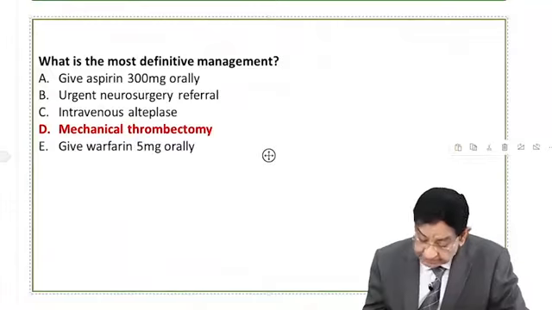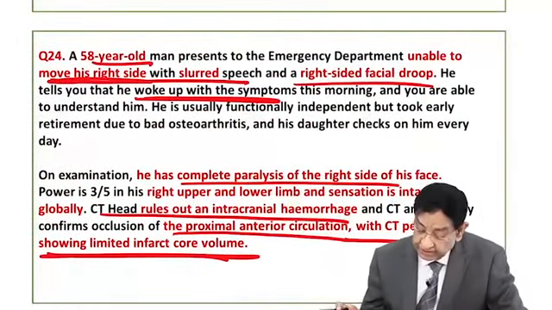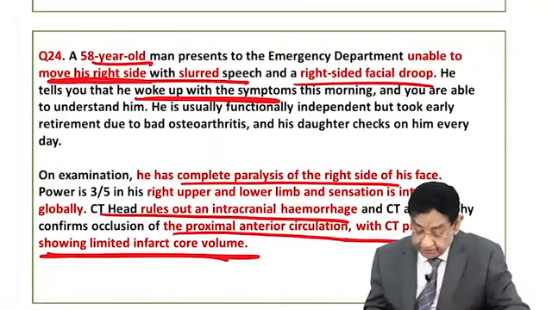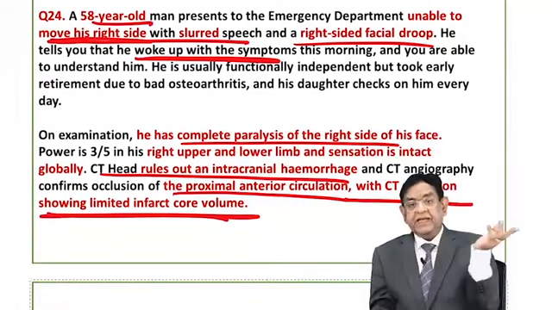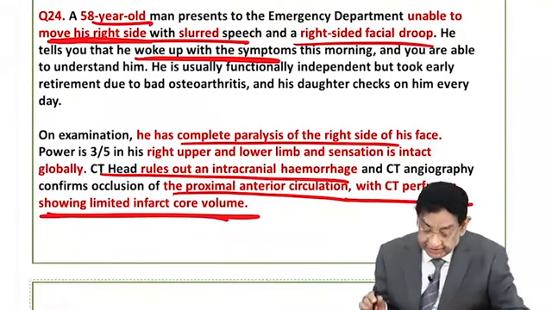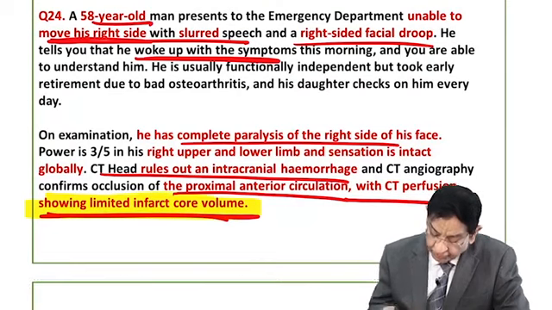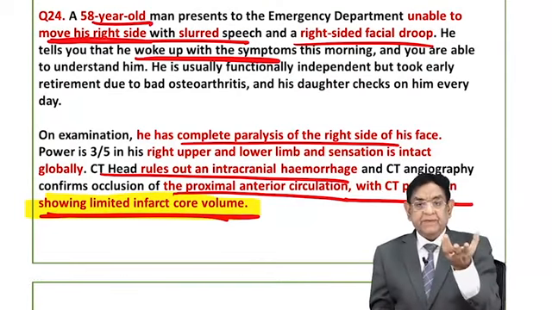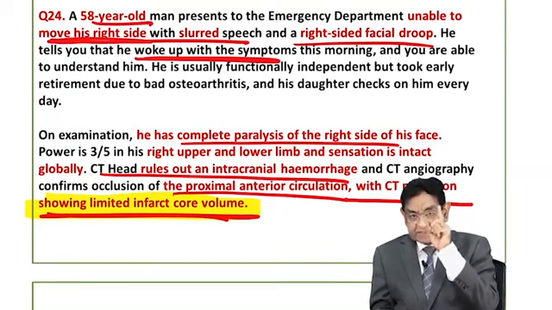So again, the patient has come to us with a problem. A point to note: he has ischemia. How do you know? CT scan has ruled out hemorrhage, and CT angiography is showing limited infarct core volume. That means we still have brain area that we can salvage.